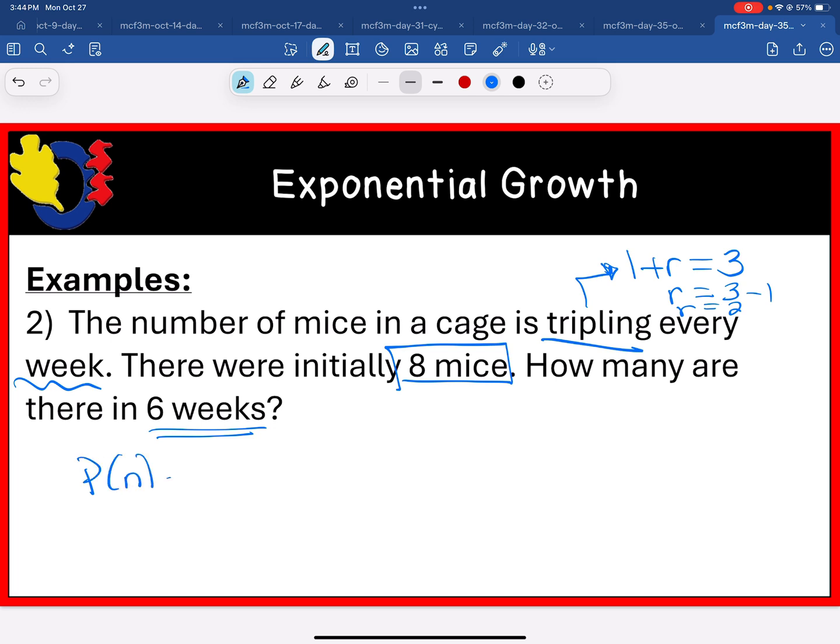So P at n, I don't know what that is. The initial amount was 8 mice. The rate is the 2, and then n is 6 weeks.